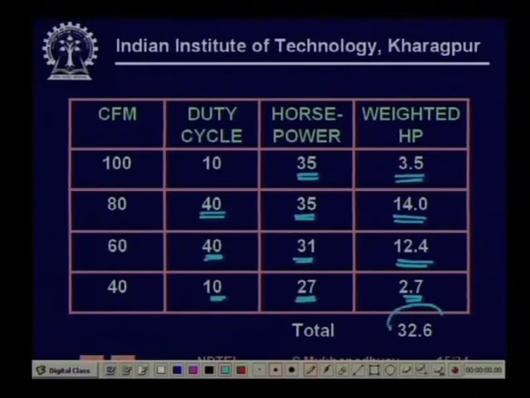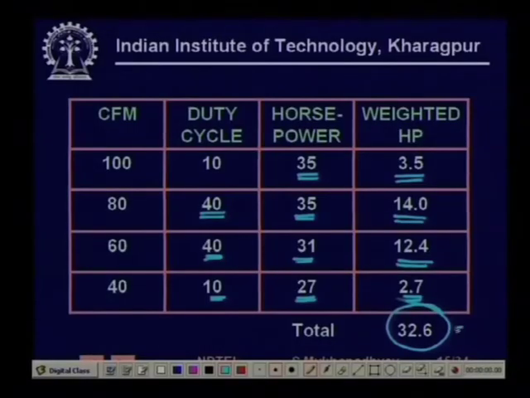So, the average horsepower requirement is 32.6. Remember this figure. We will come back and see, if you use a variable speed drive for the same pump and the same load profile, what this figure would have been. So, we have a 32.6 horsepower average requirement for the load and the pump, right.